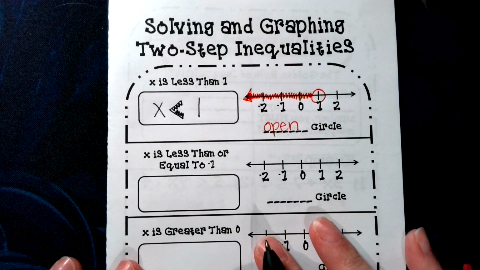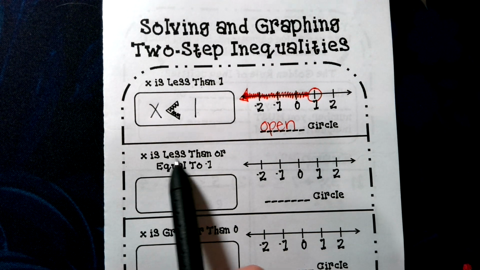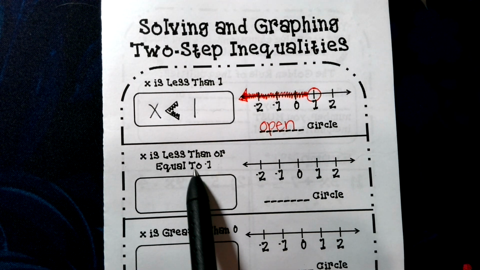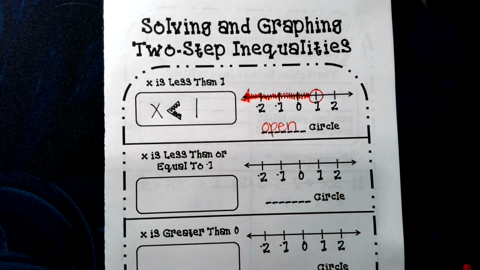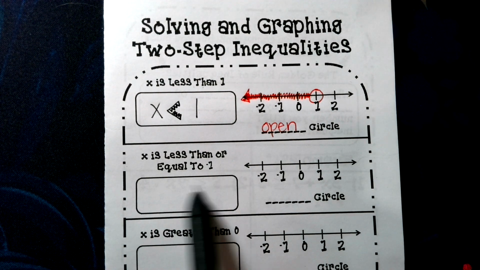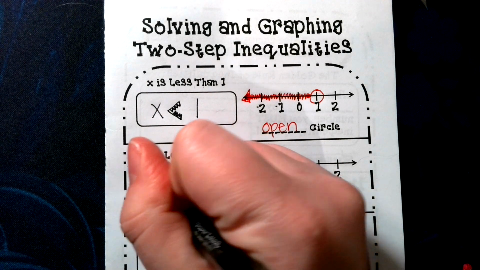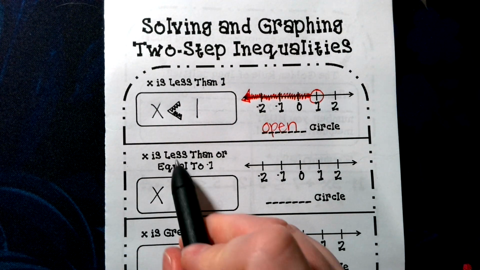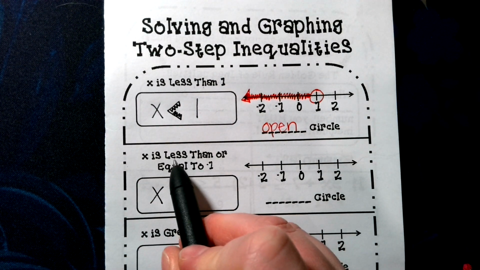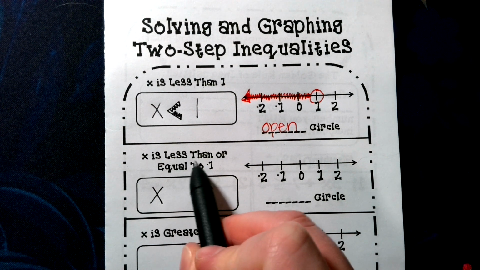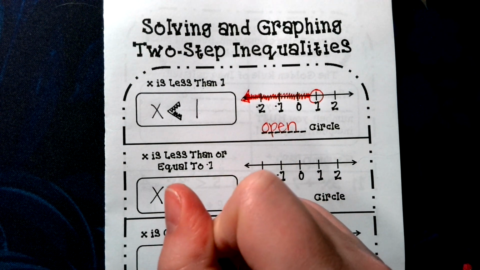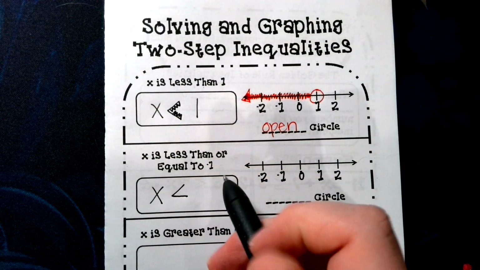Let's go to the next one. X is less than or equal to -1. Again, we just read through it and it'll tell us what to put. We start off with our variable x is less than. Remember, less than means smaller than. So I'm going to put this sign.